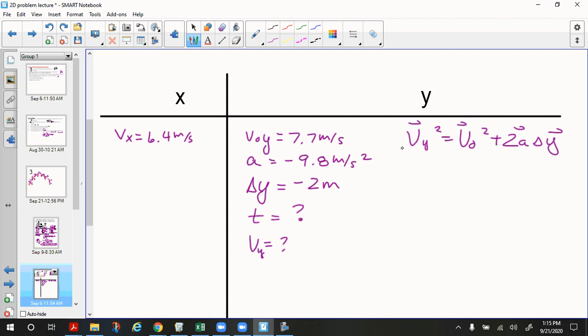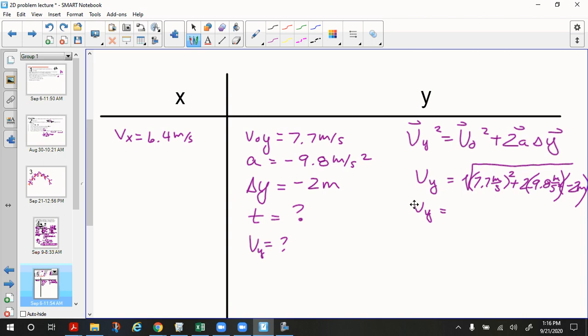And we're solving for v final, so I'm not going to rewrite it because it's just a square root on both sides. Our v initial is 7.7 meters per second. We square that, and then we add 2 times 9.8 meters per second squared times our delta y, which is negative 2 meters.